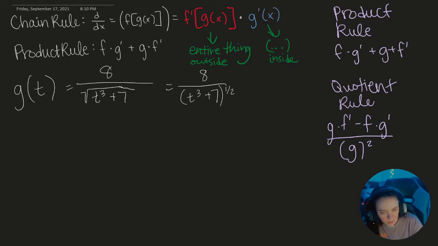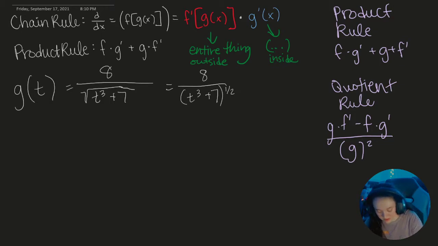Now, technically, for anything that has something it's divided by, it really should be quotient rule. In this case, we really don't have to use it because we're not going to get anything. The prime of a whole number is just going to be 0.